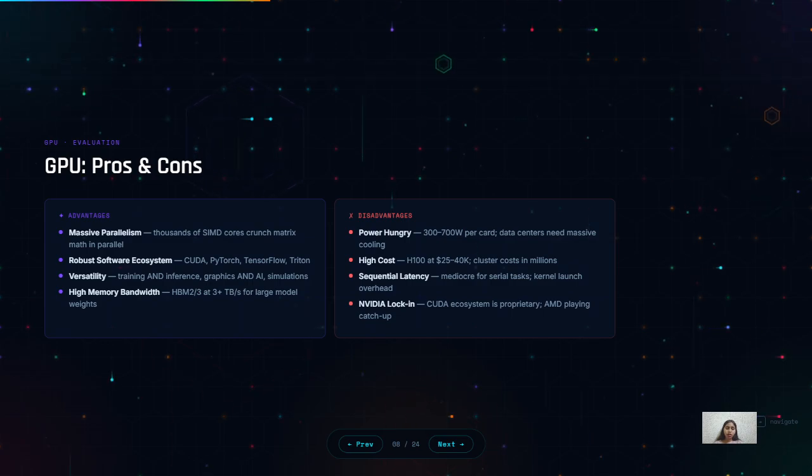The CUDA ecosystem also gives NVIDIA a massive advantage, but GPUs come with major drawbacks: high power consumption, high heat generation, extremely high cost. Compared to NPUs or LPUs, GPUs are far less power efficient.